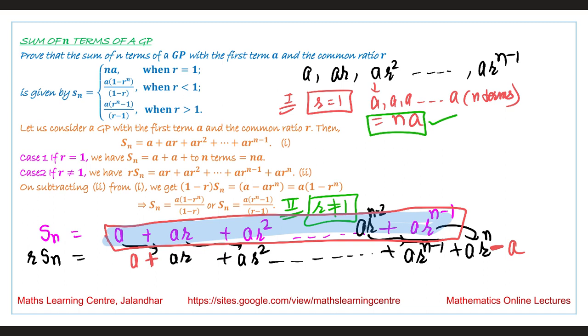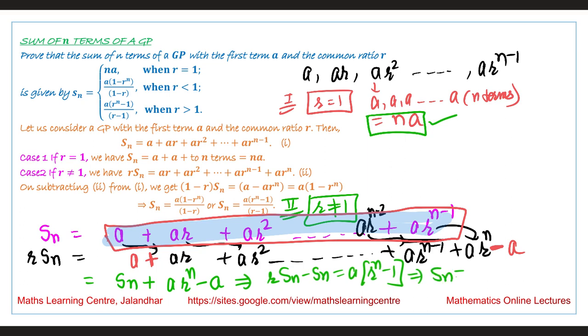This whole value is equal to Sn, and we have plus ar raised to the power n minus a. So this implies that r Sn minus Sn is equal to a into r raised to the power n minus 1. So Sn is equal to a into r raised to the power n minus 1 over r minus 1.